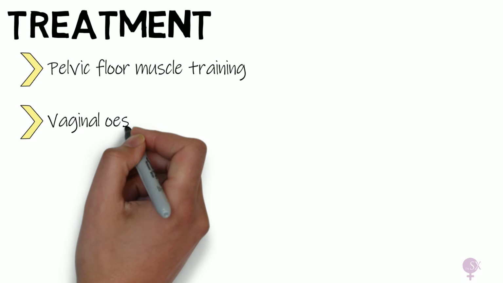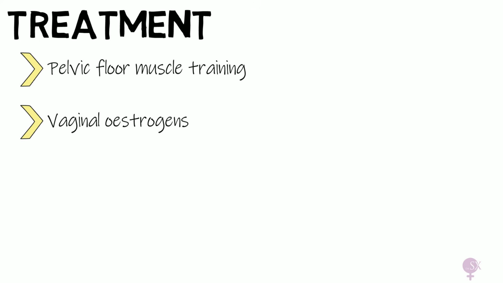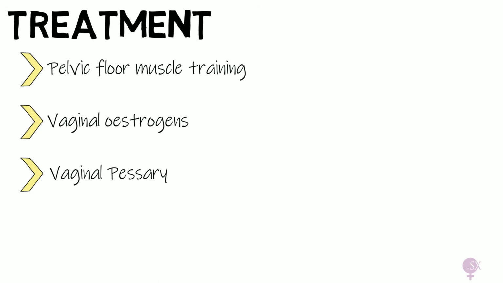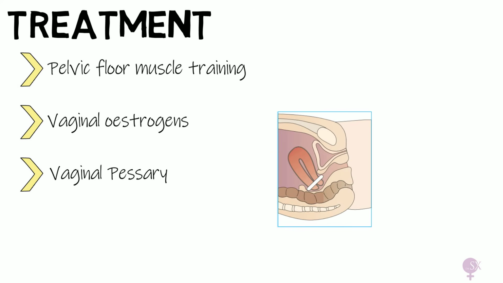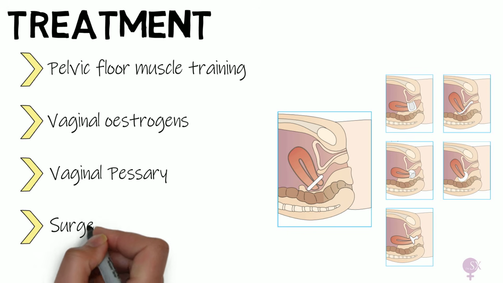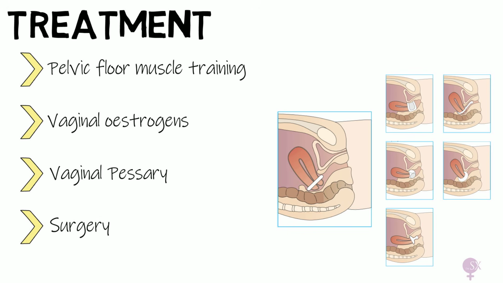Vaginal estrogens can be used in those women who suffer from vaginal atrophy. Vaginal pessaries are a common conservative treatment option. They help to keep things in place essentially. The most common is the ring pessary, but then we have all of these different types of pessaries too. Many surgical options exist, ranging from a hysterectomy to anterior vaginal wall repair, posterior vaginal wall repair, etc.